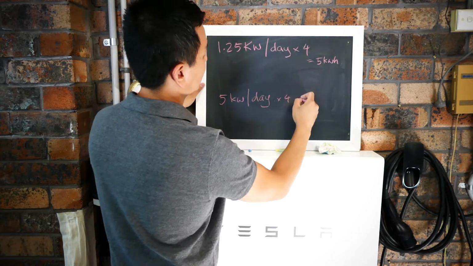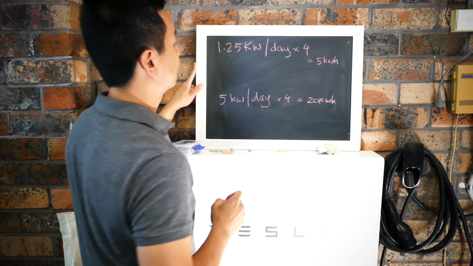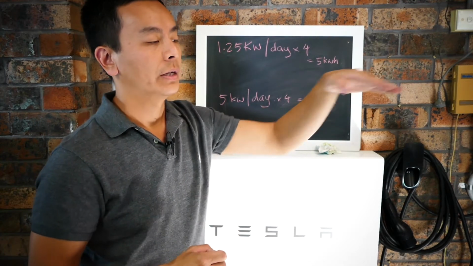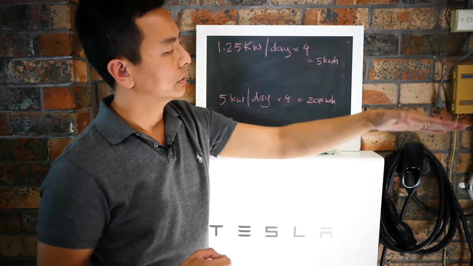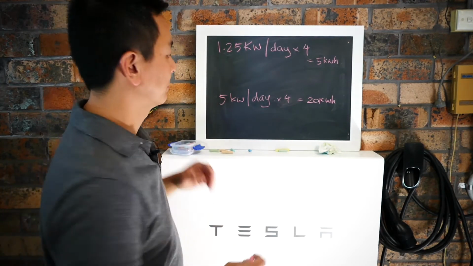So in a 5 kilowatt system, you're going to get 20 kilowatt hours per day. So 5 kilowatt hours, there'll be minimal discharge or export to the grid. So you won't get much back in tariffs.